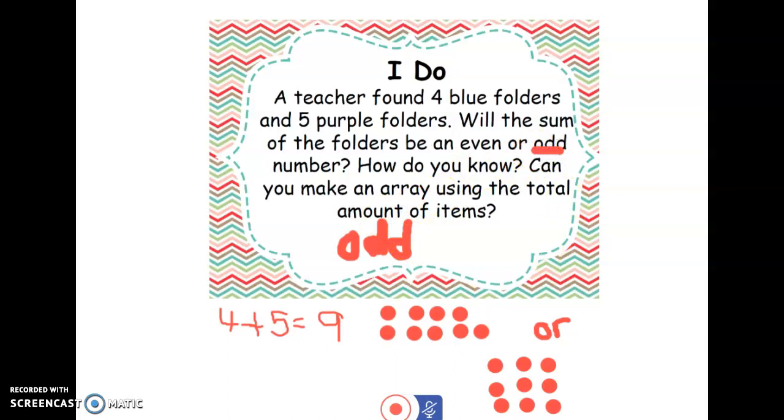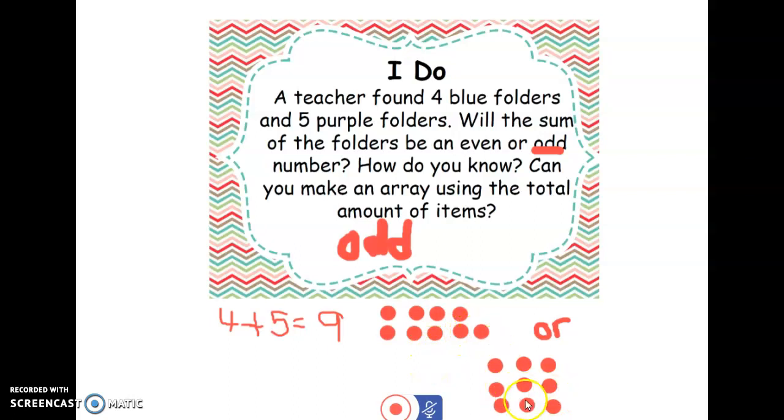Okay? Here's another way to do it. You might see arrays like this, where there's no discrepancy as far as you being able to see right away that, hey, he doesn't have a partner, so I know that it's an odd number. It's not always going to be laid out like this for you.